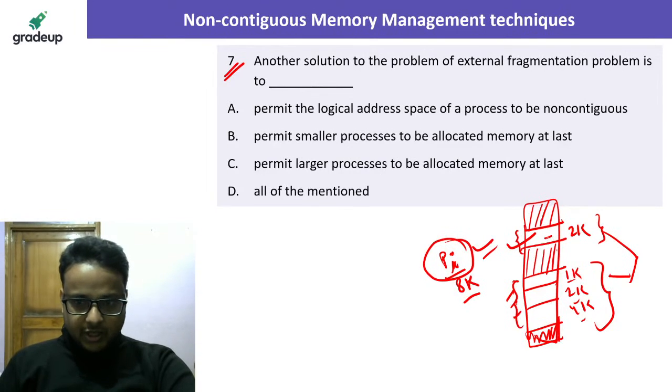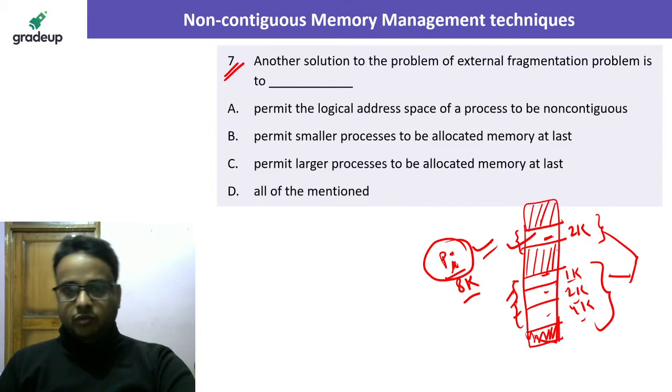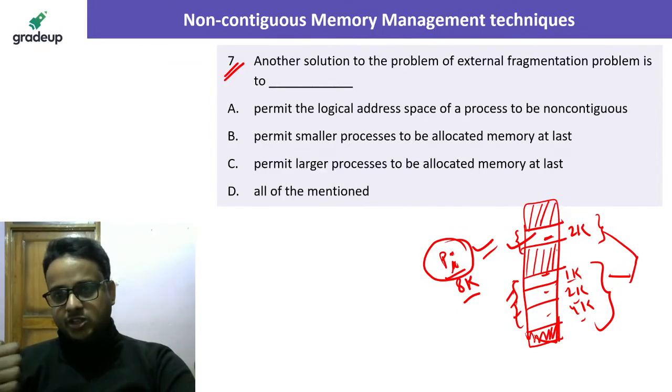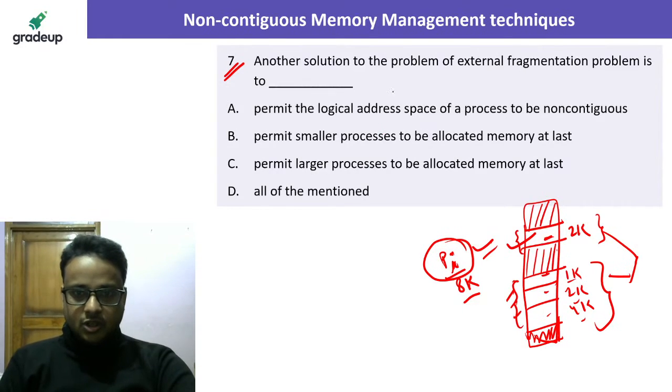So this memory is being wasted. Okay, so we call it external fragmentation because ये ब्लॉक के अंदर वेस्टेज नहीं है। ब्लॉक के अंदर वेस्टेज होता तो इंटरनल फ्रेगमेंटेशन, ये मैंने पहली क्लास में बताया था. Another solution to the problem of external fragmentation is what they are asking.